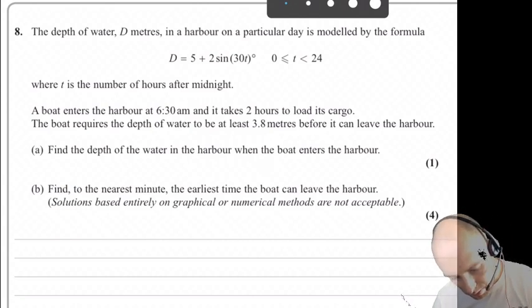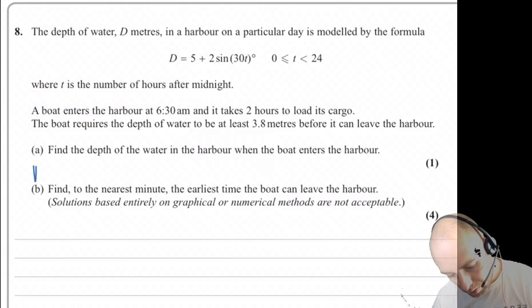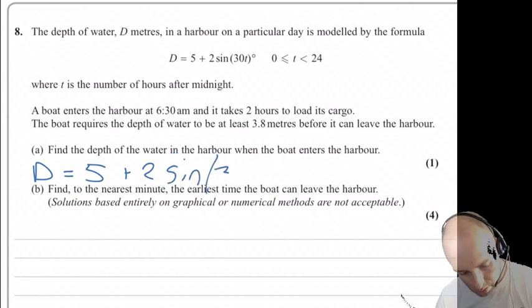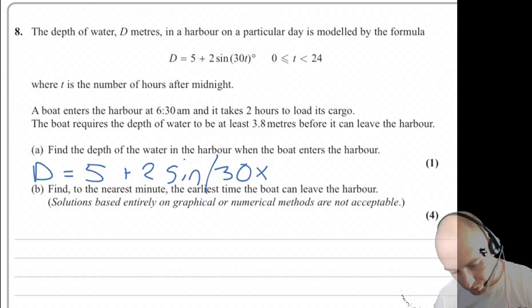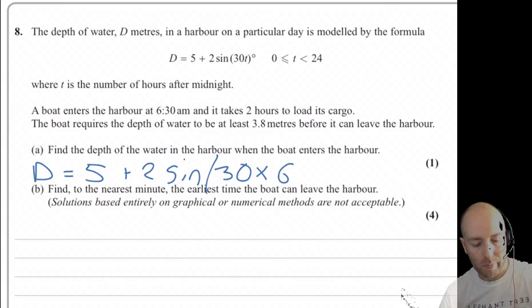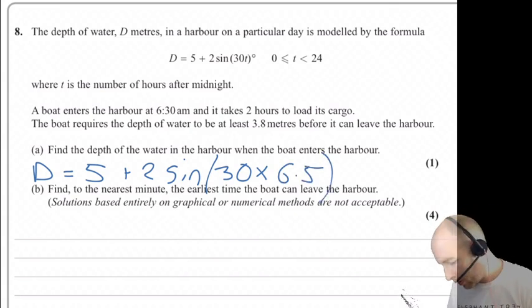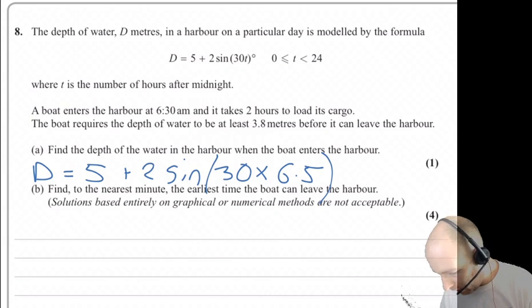So D equals 5 plus 2 lots of sine 30 times, so what's 6.5? Yep. So 5 plus 2 sine 30 times 6.5.